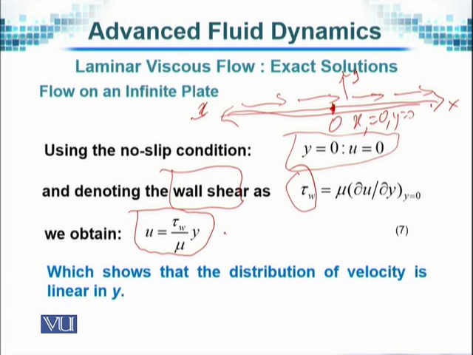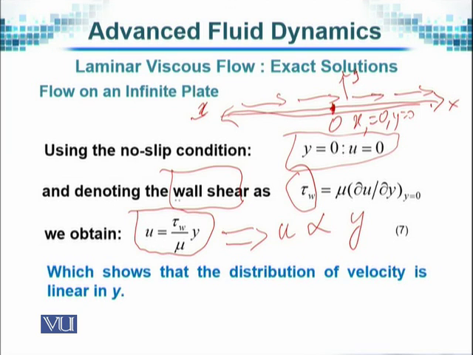And it follows from here that u is proportional to y. If tau w, the shear at the wall, and the coefficient of viscosity mu are constant, for a given fluid, if there are not multiple fluids present there, if there is only one fluid, then it will have a constant coefficient of viscosity.